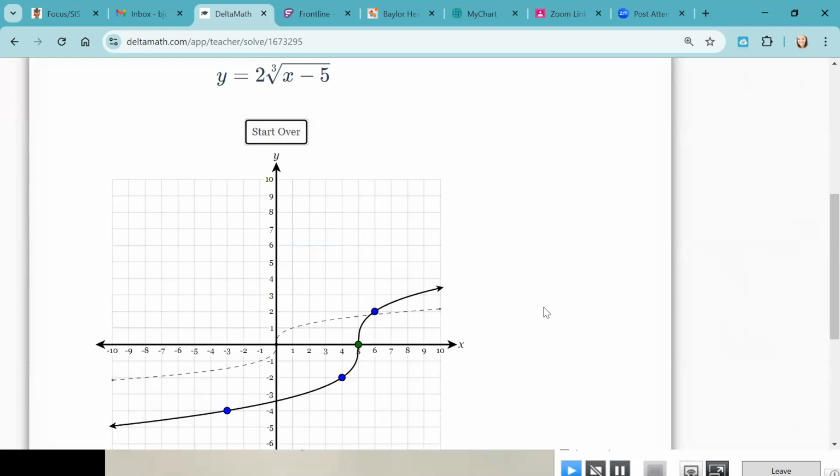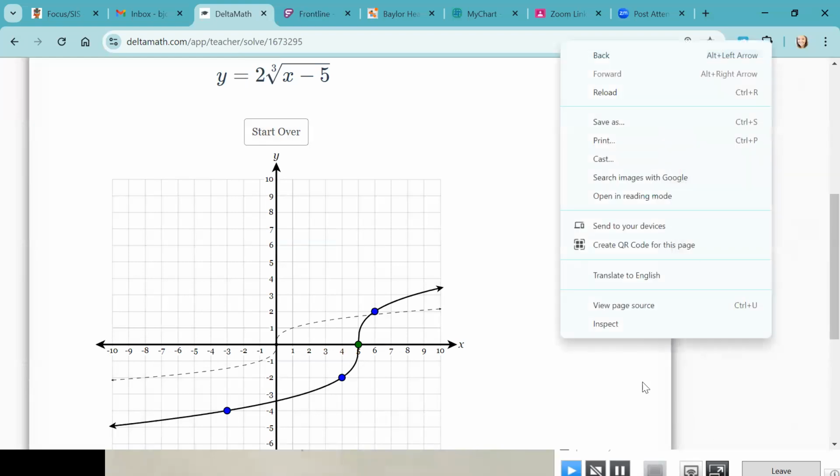Oh, that's range, right? Why is it like that? Oh, the range is like, okay, so, you guys.